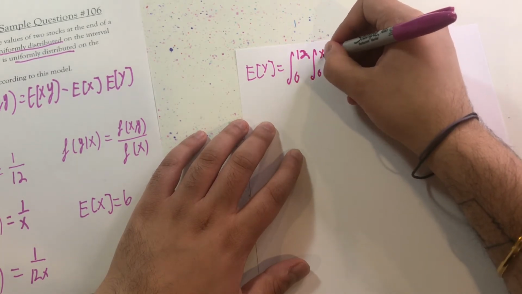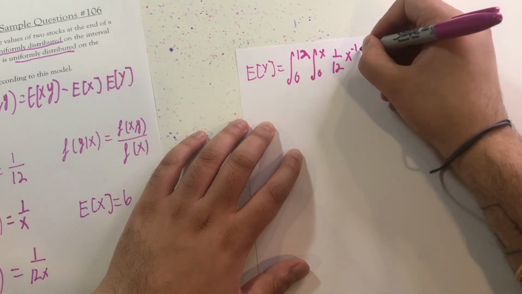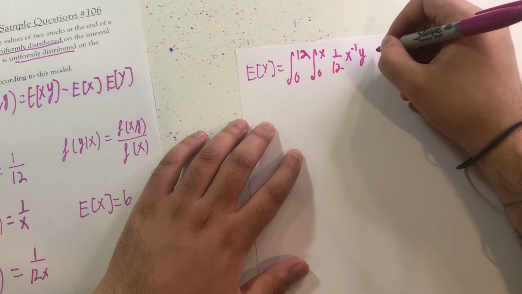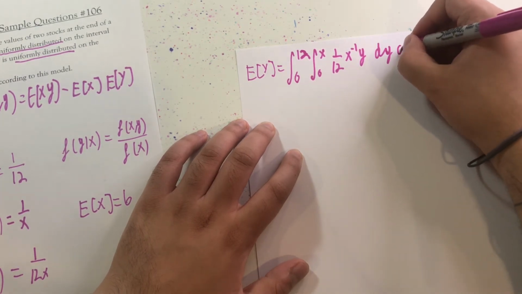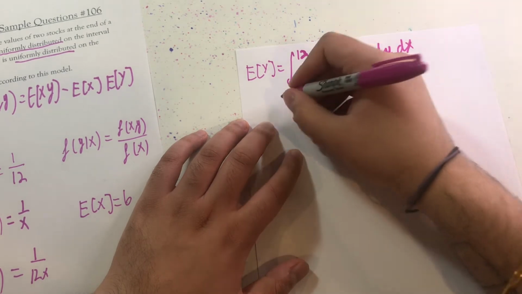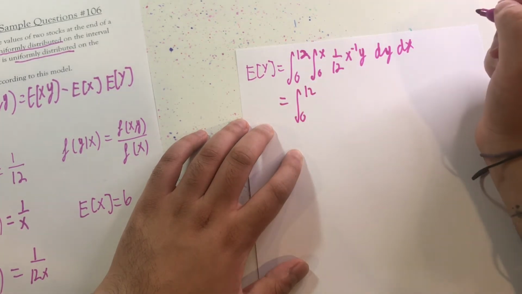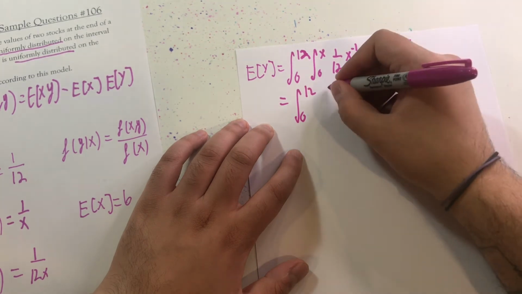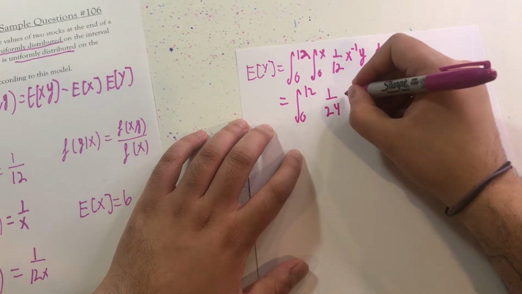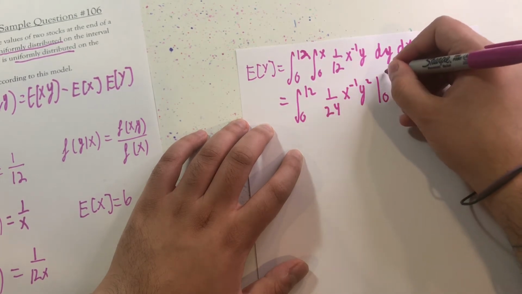from 0 to x, 1 over 12, x to the negative first times y. And I'm doing dy dx. And this becomes 0 to 12 of 1 over 24, x to the negative first, y to the second, going from 0 to x.